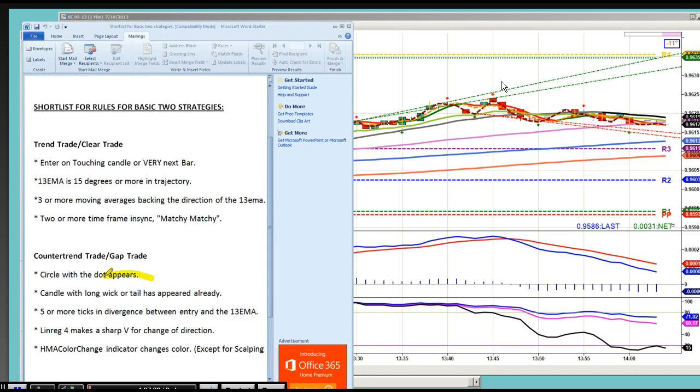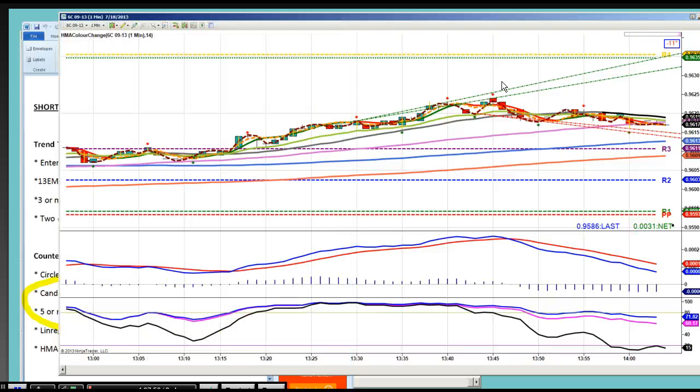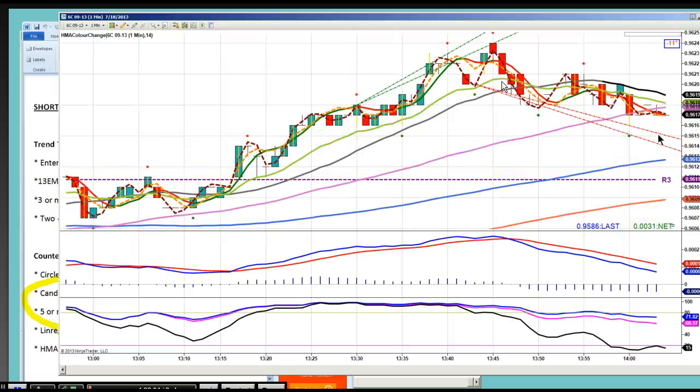So I'm now looking to grab my 3 to 5 ticks in my counter trend. So I'm using the green fractal to do my counter trend. And if we're coming short, and I'm looking for an opportunity to go long, I now have to wait for the bounce of the red fractal.